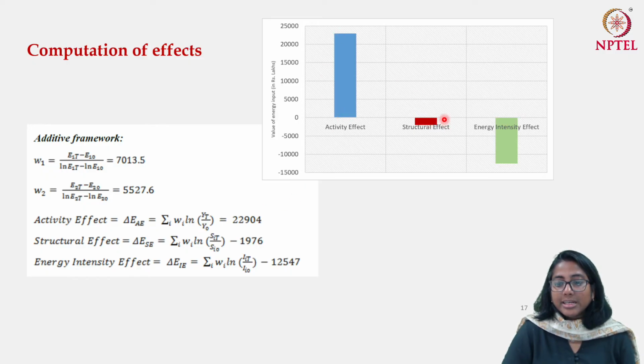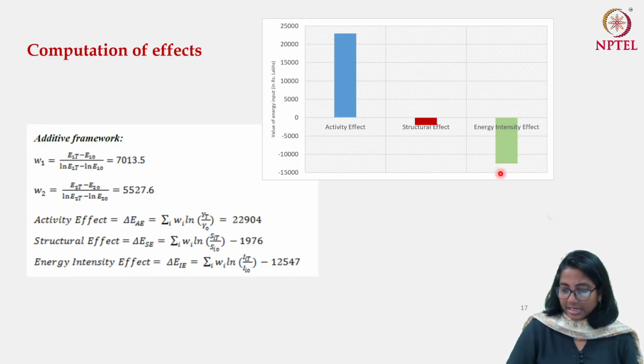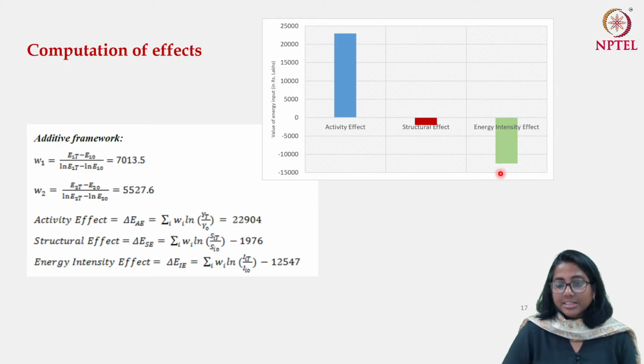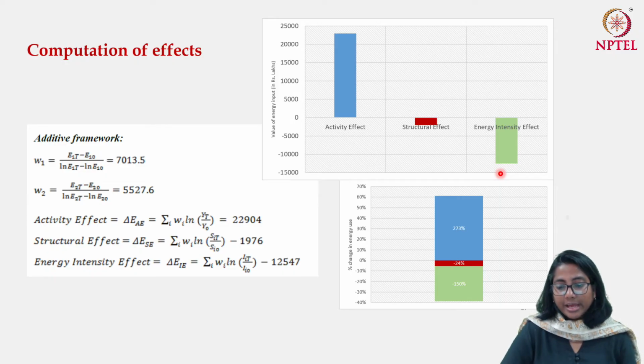This is the reduction in energy demand due to structural effect. However, this is quite small. So although there is a shift in favor of less energy intensive industries, the shift is not much. And the third one is energy intensity effect. You can see there is a lot of decline in energy demand because of reduction in energy intensity in these industries. There is another interesting way in which you can represent your result, which is by a stacked diagram.